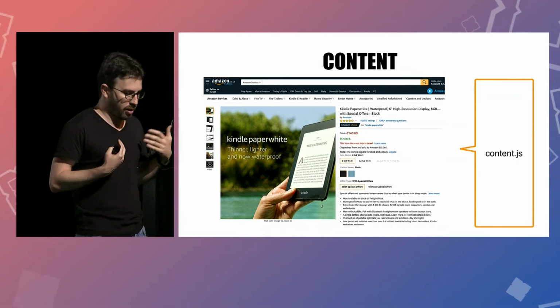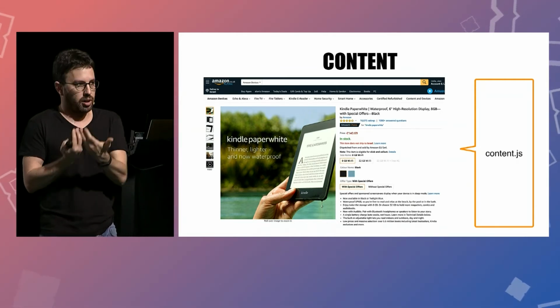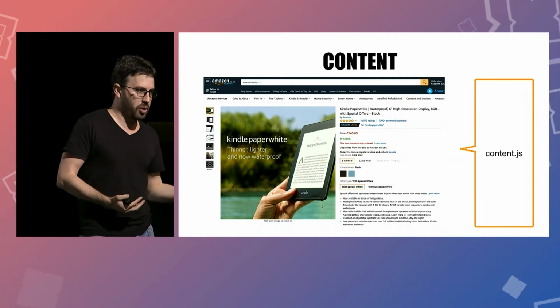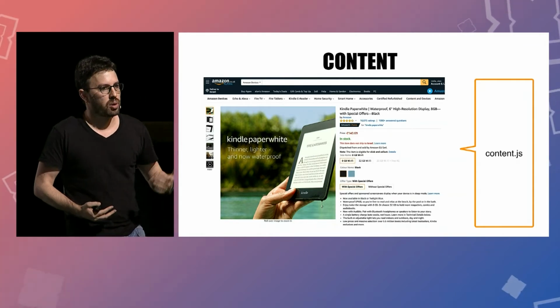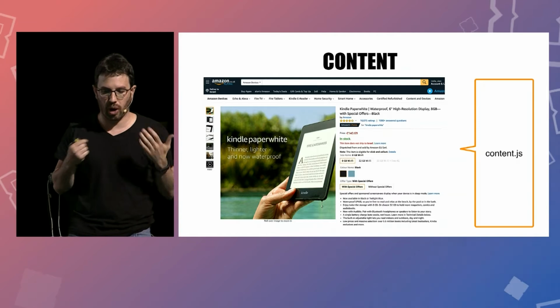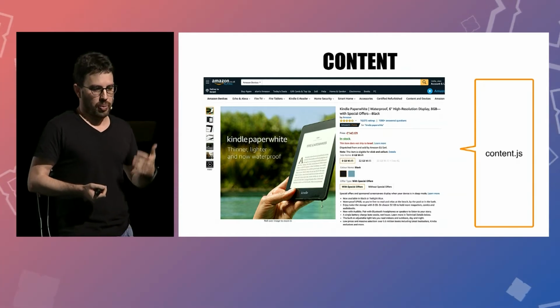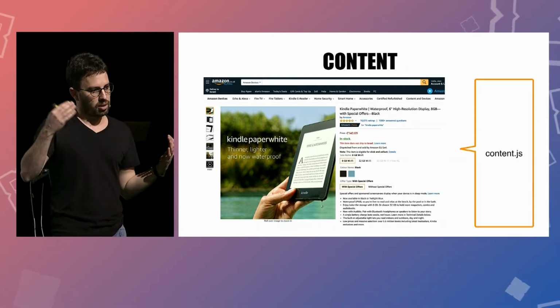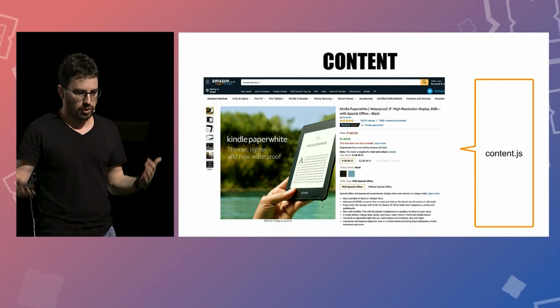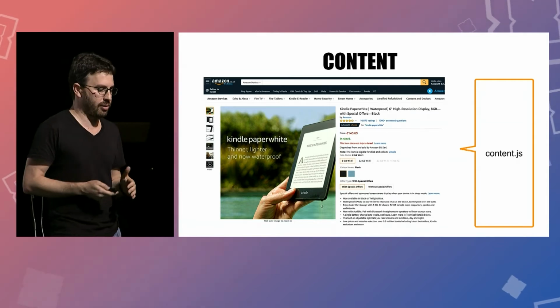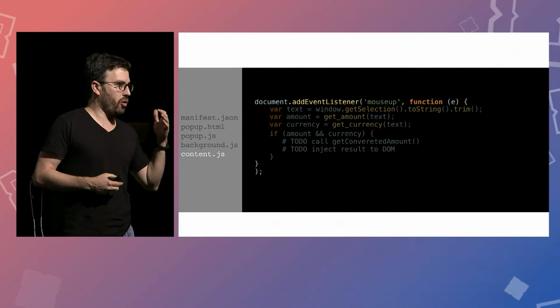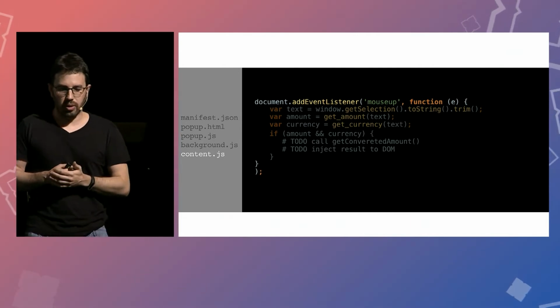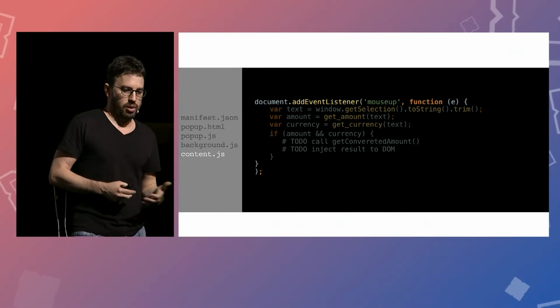But the more interesting, at least for me, is the content context, because there you can actually interact with the user's browser. After the page finishes loading, you can run some of your JavaScript if you put it in a content.js. So this is how it looks. We have an event listener for mouseup.